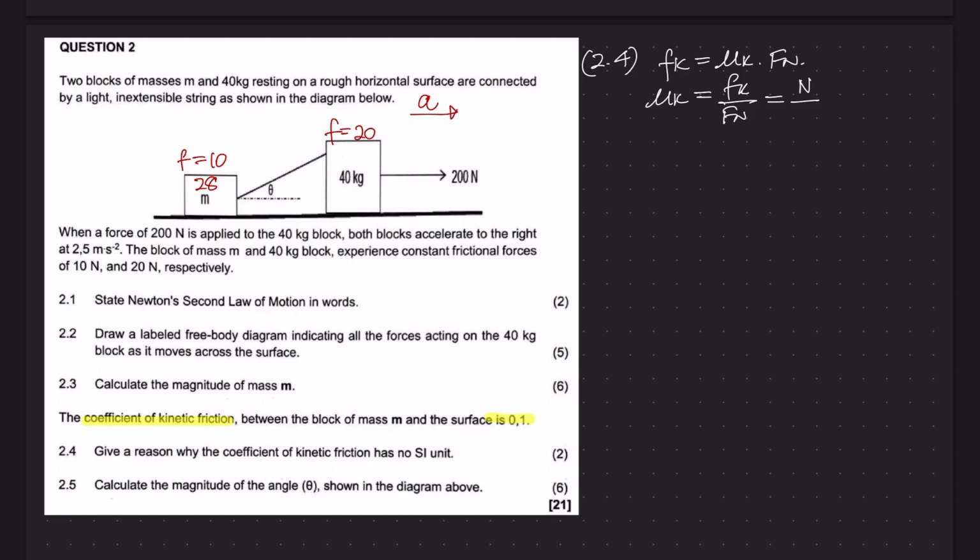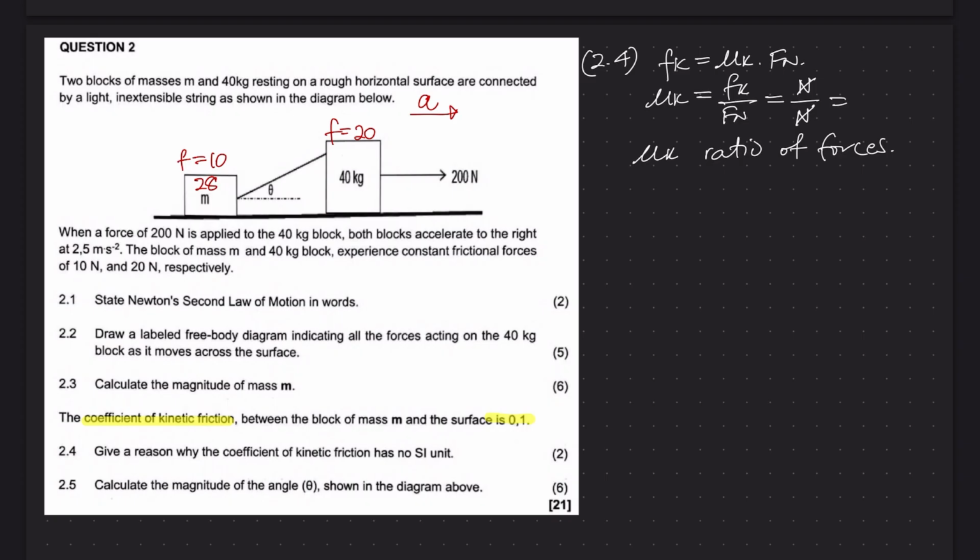And we know that the normal force is also measured in newtons. So these would cancel, leaving us with no unit. So how do we put this in words? We can say that mu k is a ratio of forces. Since it's a ratio of forces, the units would cancel, leaving us with just a number with no unit.